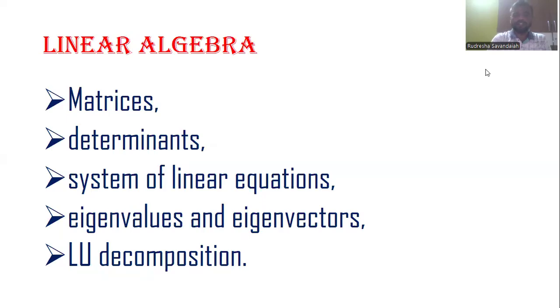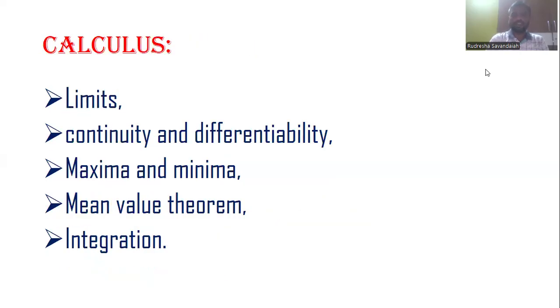These are all. Next, I'll go for linear algebra. In linear algebra, you majorly cover matrices, determinants, system of linear equations, eigenvalues and eigenvectors, and LU decomposition. Calculus: limits, continuity and differentiability, maxima and minima, mean value theorem, integration.